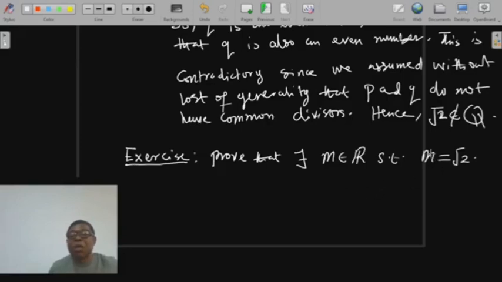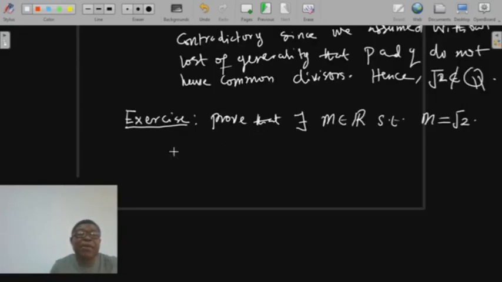So this is what we want to show, that we can find a real number whose value is equal to root 2. So let us try to do that.